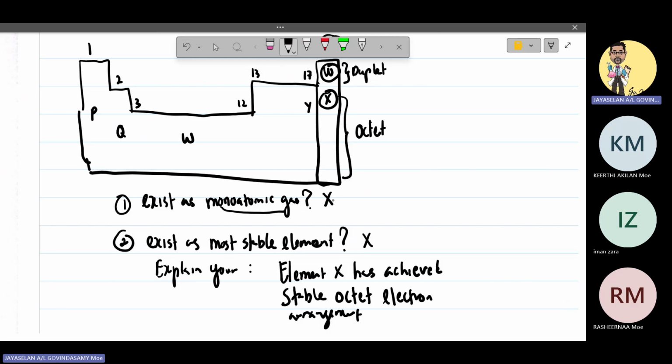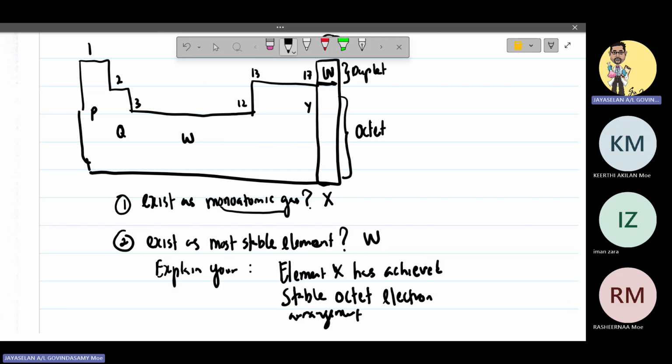For monoatomic gases, you take the X and put it here. Which of the following elements is most stable? Say I put W now, first one. Explain your answer. You look at the position: W is in the first place in group 18, right?